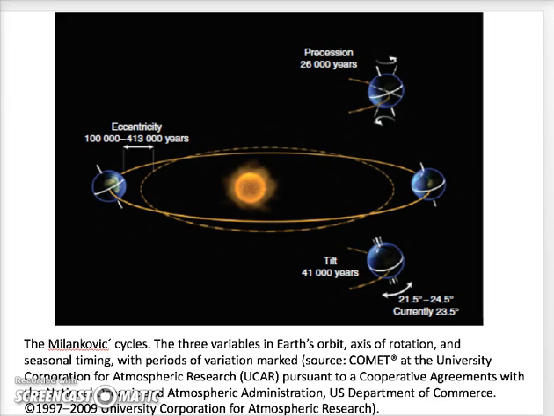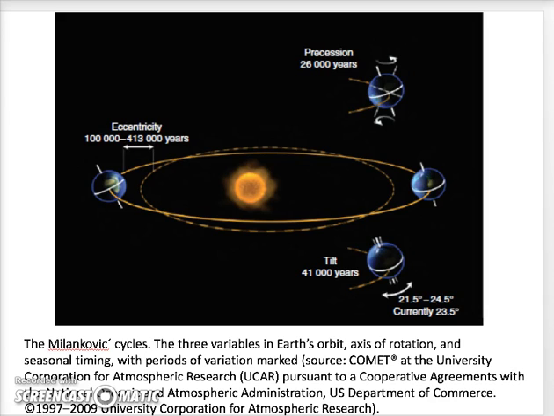The precession of the spring equinox, which alters the timing of the minimum Sun-Earth distance, perihelion, and maximum Sun-Earth distance, aphelion, varies over approximately 21,000 years due to the combined effect of precession and orbital eccentricity.